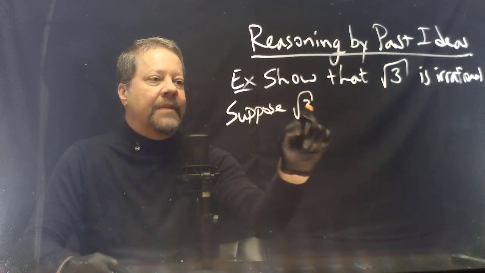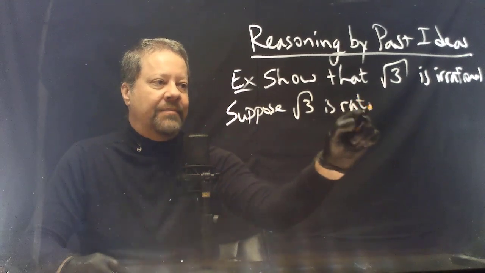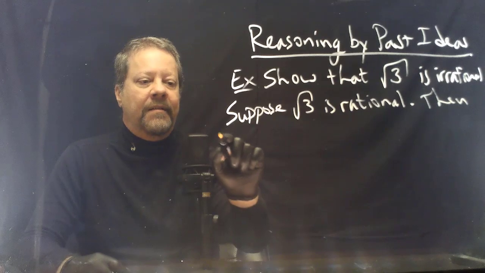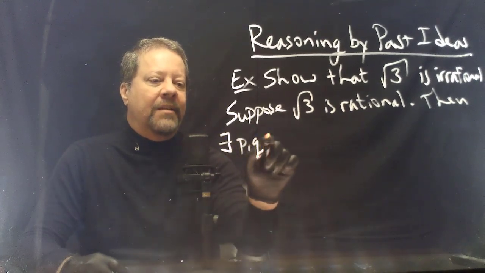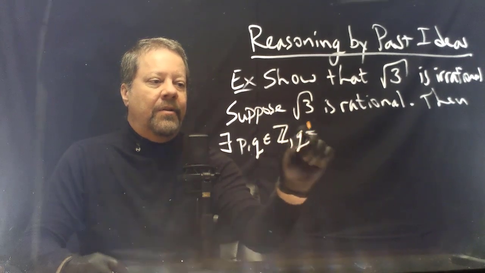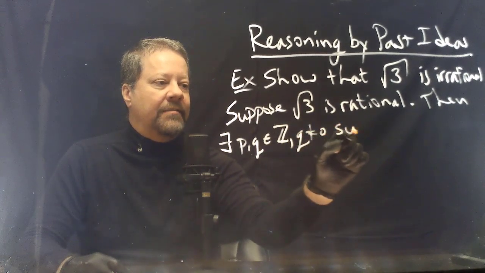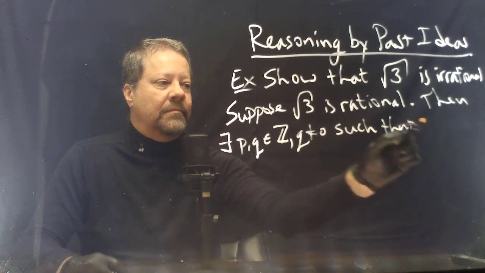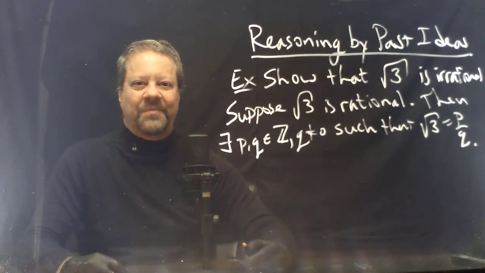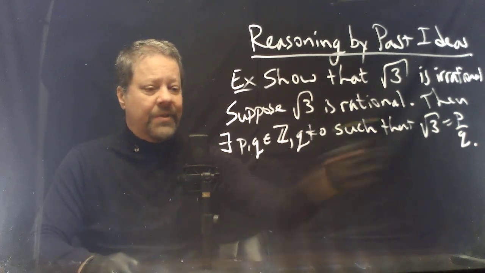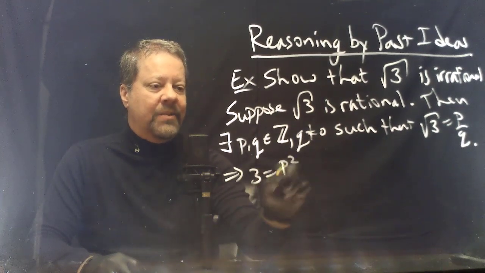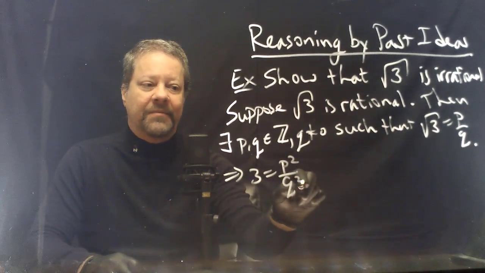Suppose root 3 is rational. Then there exist p and q in the set of integers, q not 0, such that the square root of 3 is p divided by q. If you square both sides of this equation, you get 3 is p squared over q squared.